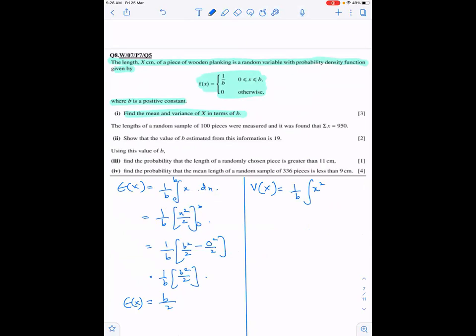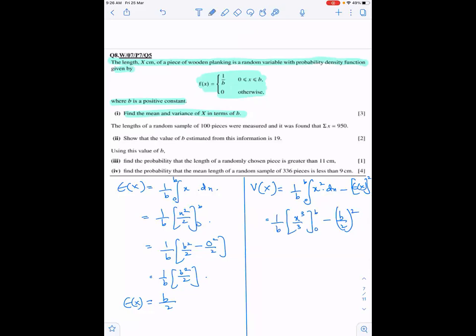Let me complete this question. 1 upon b integral of x square dx, the boundaries being b and 0, minus E of x the whole square, is going to give us the answer for the variance. So 1 upon b, when we integrate this, becomes x cube upon 3, the boundaries b and 0, minus b upon 2, the whole square. Where did I get this b upon 2? The mean square.